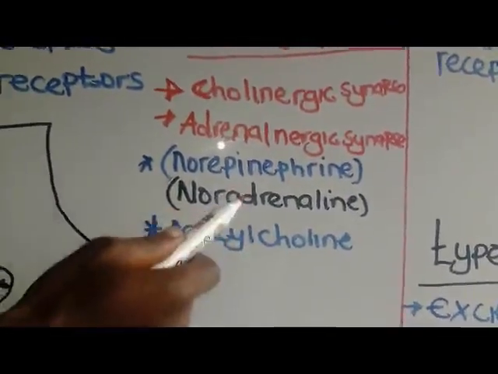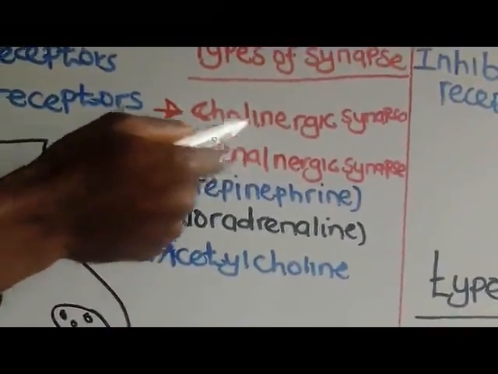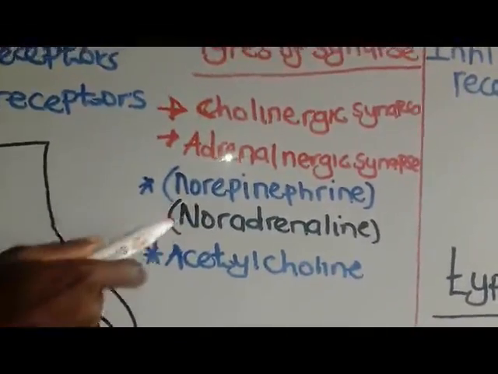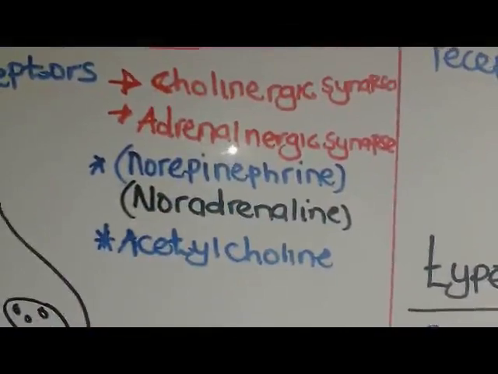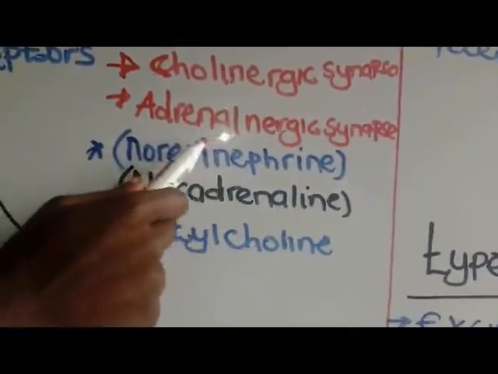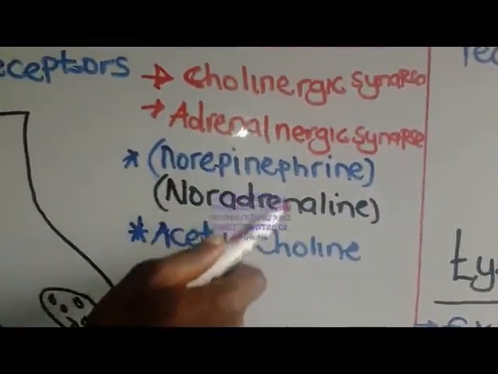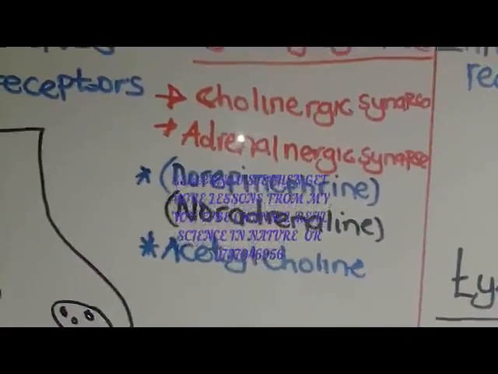This one we are going to see especially in the synapse which we call the cholinergic synapse. Then we have another known as noradrenaline. This one we see in the synapse which we call the adrenergic synapse.